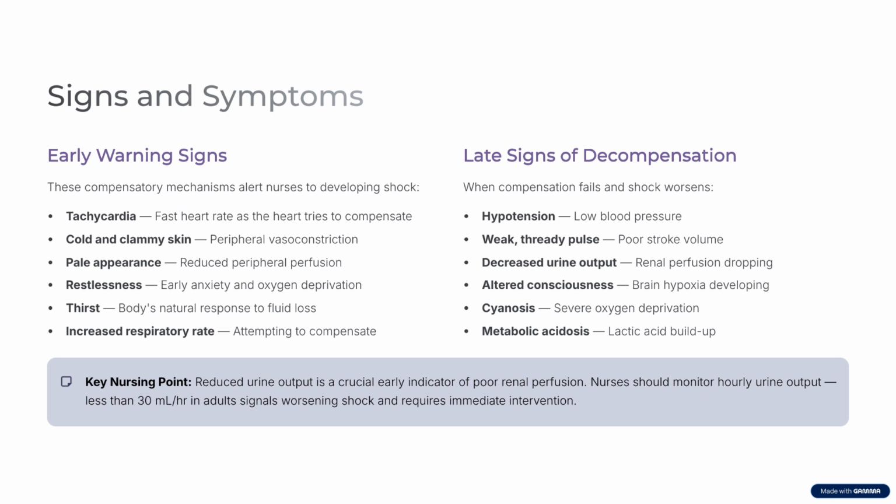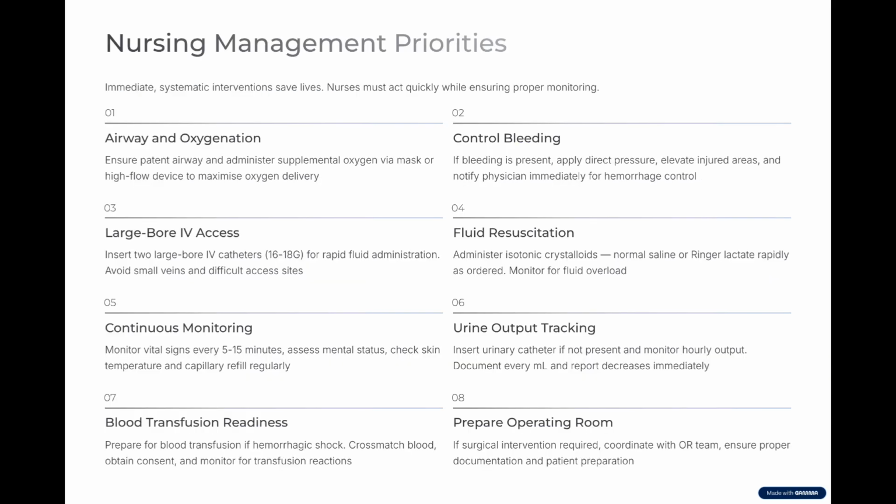Late signs indicate decompensation. These include hypotension, weak and thready pulse, decreased urine output, altered level of consciousness, cyanosis, and metabolic acidosis. Reduced urine output is a critical early indicator. In adults, less than 30 milliliters per hour signals worsening renal perfusion and requires immediate action.